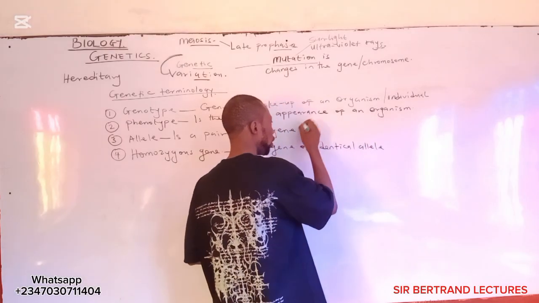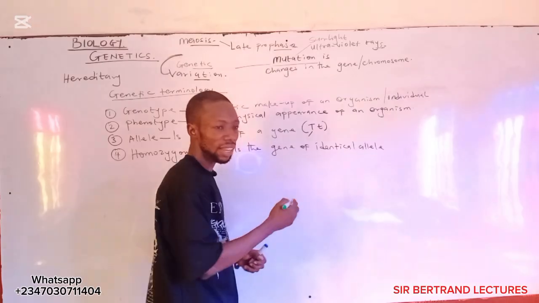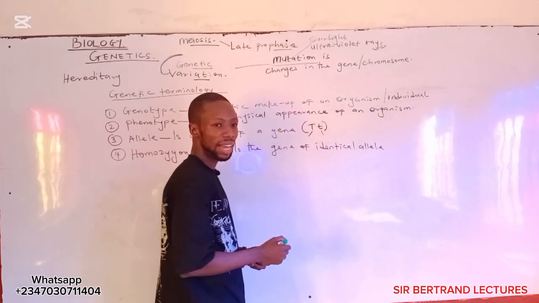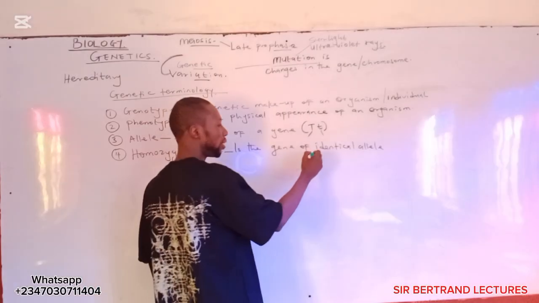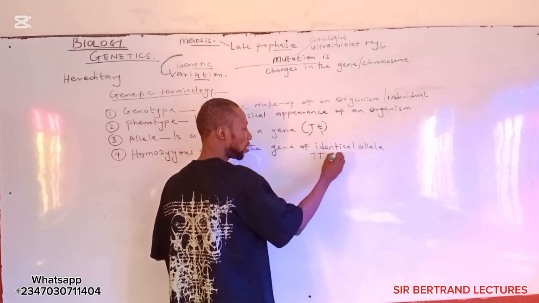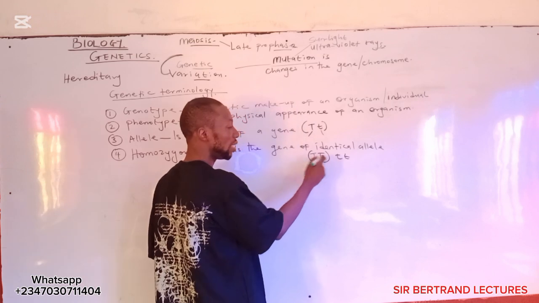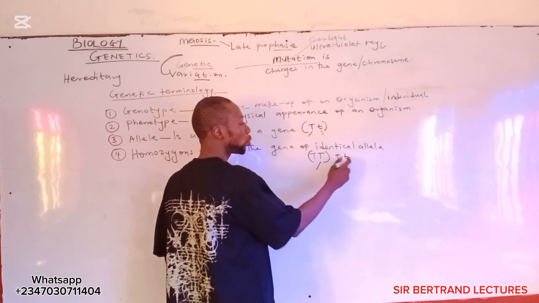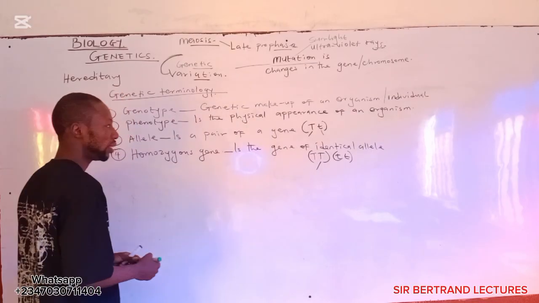If you have a gene like capital T, small t, this is an allele and this is another allele. Now, when the alleles are the same, it becomes a homozygous gene because the alleles are the same. Here it also becomes homozygous because the alleles are the same.